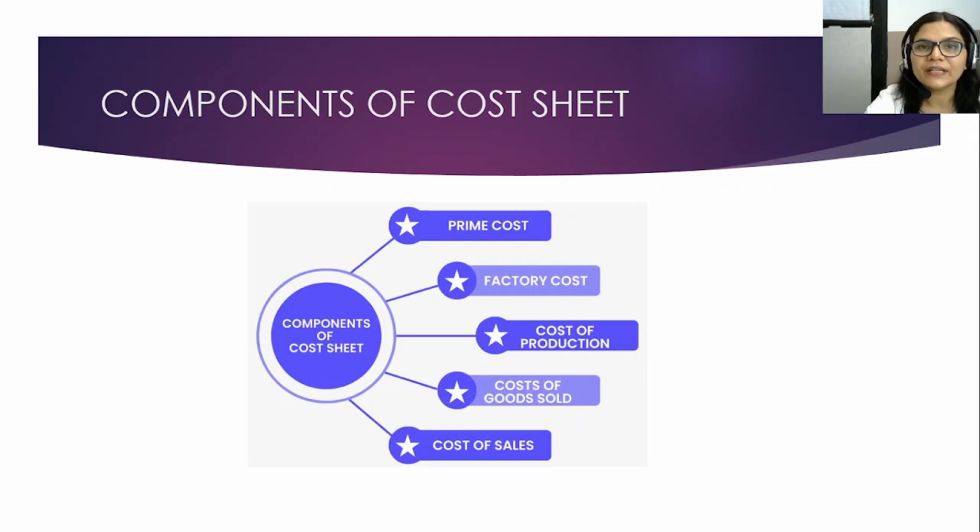For making the job easy for any accountant or any decision maker, we have divided the cost sheet into 5 basic components: prime cost, factory cost, cost of production, cost of goods sold, cost of sales. Each component has different kinds of cost, and these costs can be analyzed in an easy manner when categorized into different headings. Let us study them one by one.